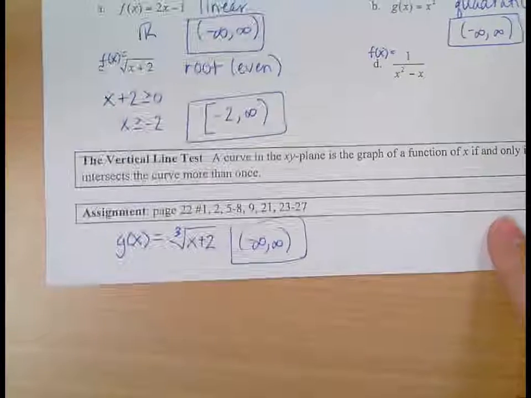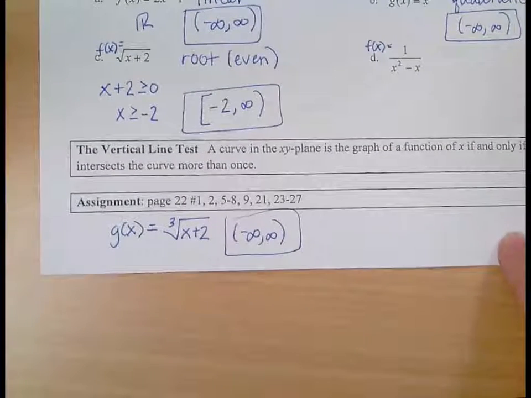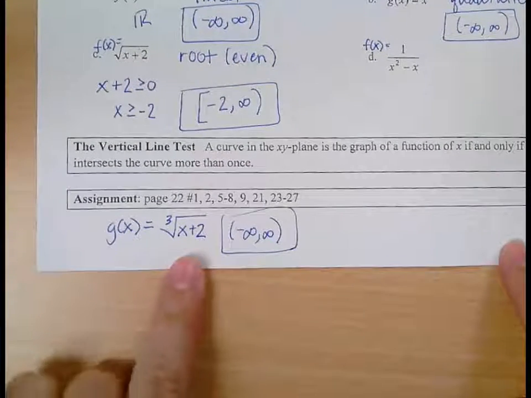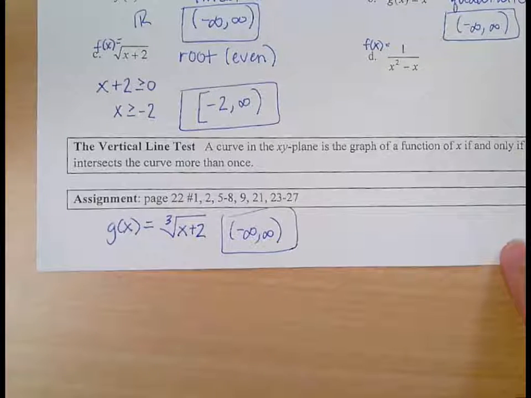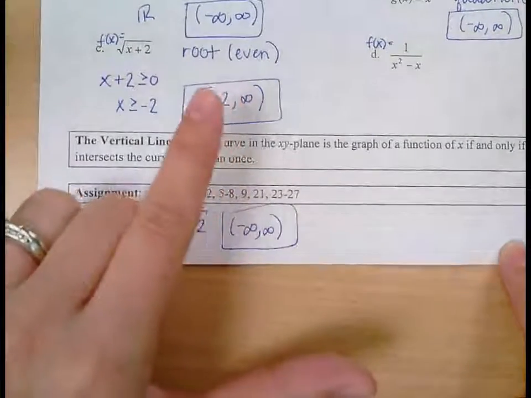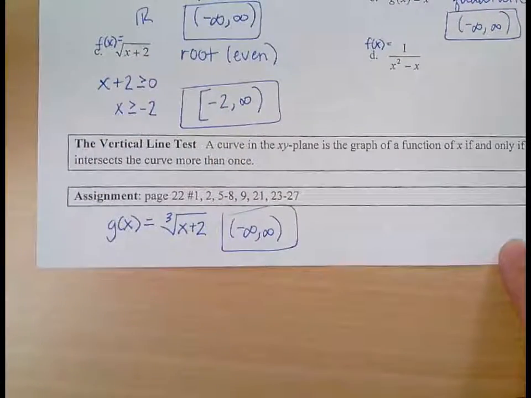So odd roots have easy domains, because you can have a negative number inside of an odd root. I can take the cube root of negative 8. It's negative 2. So that's the difference. Even roots, you'd want to find the domain using the method we used above.